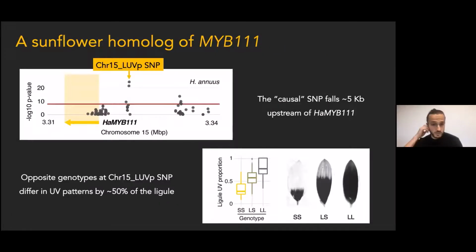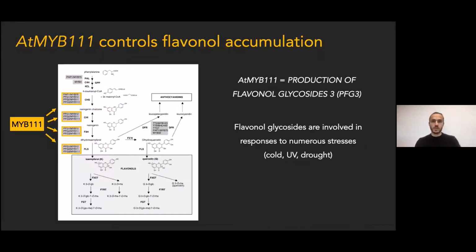So what is MIB111? The sunflower homologue of MIB111 is a member of a small family of transcription factors. There are 3 transcription factors that are also called production of flavonol glycosides. And as the name implies, they're involved in controlling the transcription of genes that are involved in the production of flavonol glycosides. Flavonol glycosides are a type of flavonoids.